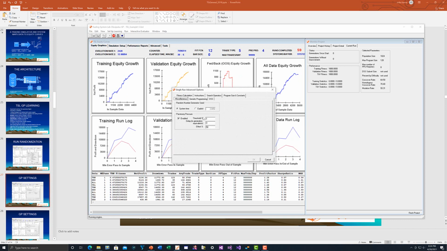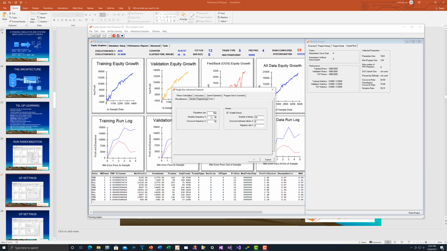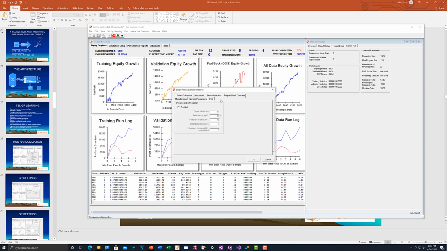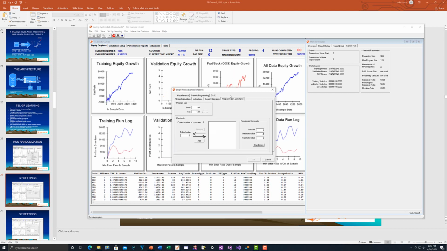This is where parsimony pressure is set. This is where the genetic program is configured. This is the starting population size, by the way. Here's where you can enable or disable DEMS. DSS is not used. This is not a predictive model, so we're not using DSS. The maximum program size is here. Typically, we like to keep this nice and small, so the trading strategies that emerge are very, very simple. Normally, you wouldn't go higher than 80 over 256.